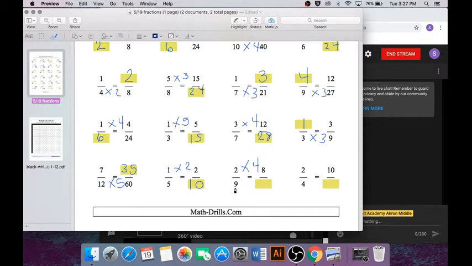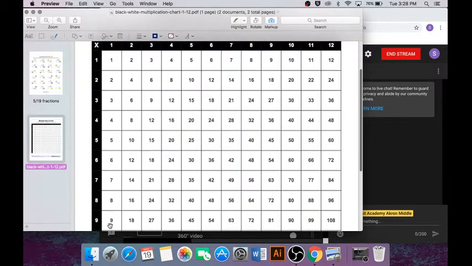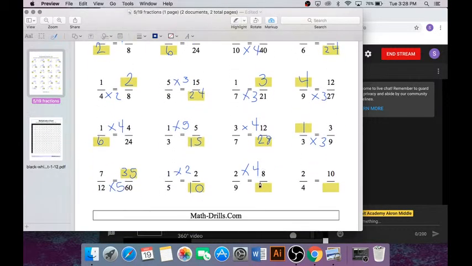So we're going to multiply our bottom number, 9 times 4. So back on our multiplication chart and our 9 times table, we have 9 times 1, 2, 3, and 4. 9 times 4 is 36. So our second denominator is 36.